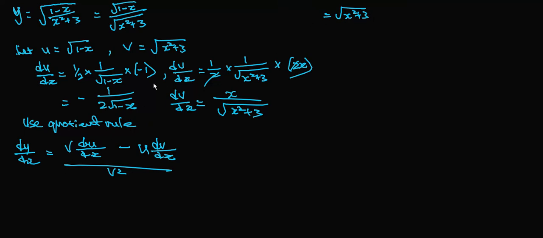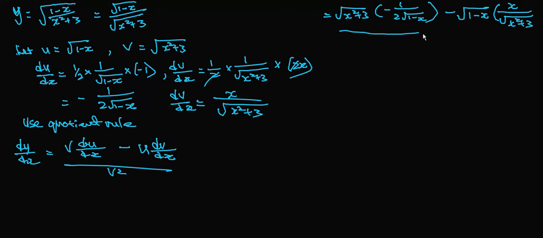There is v, then du/dx is this, so times minus 1 over 2 square root of 1 minus x, then minus u, which is square root of 1 minus x. Okay, then dv/dx, which is this, becomes x over square root of x squared plus 3. Okay, over v squared. v is this, squared.